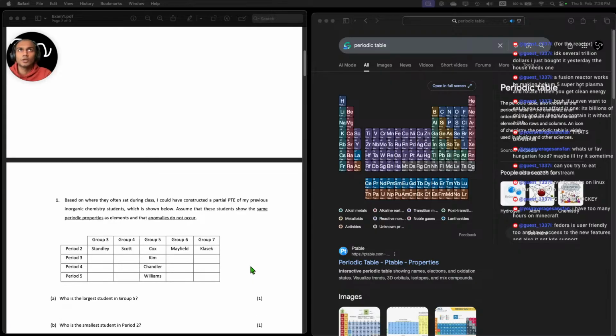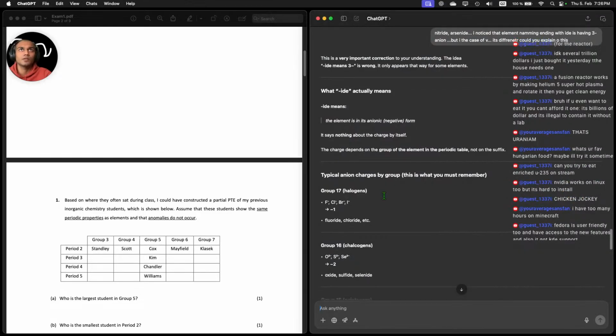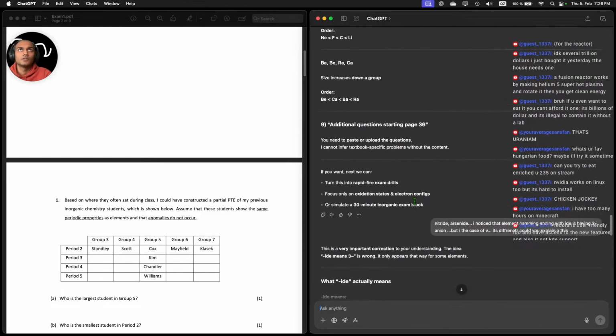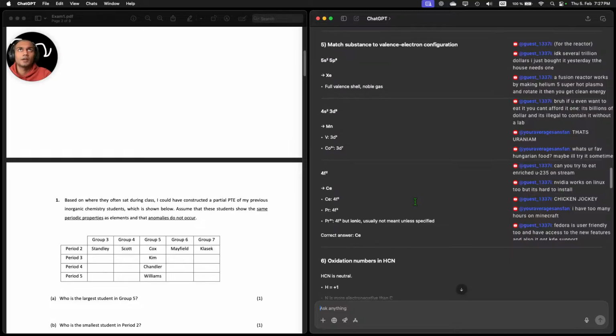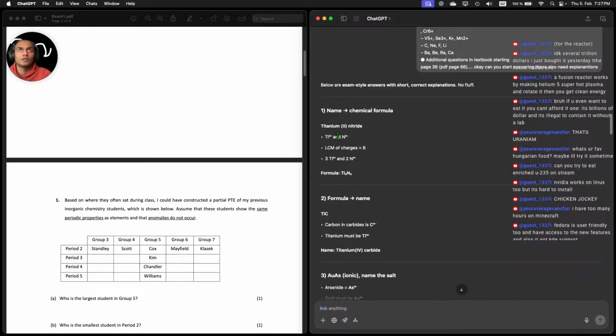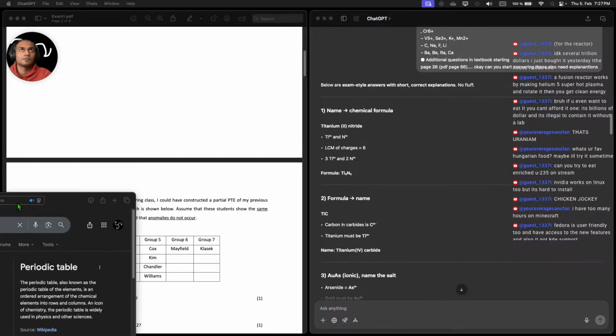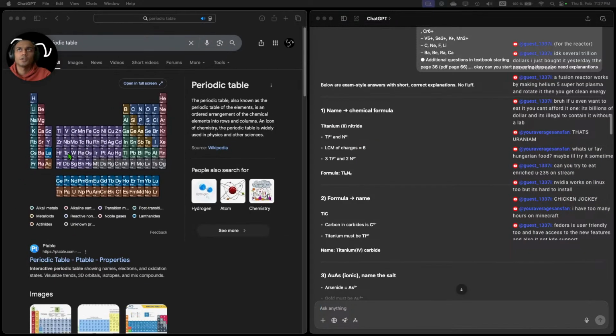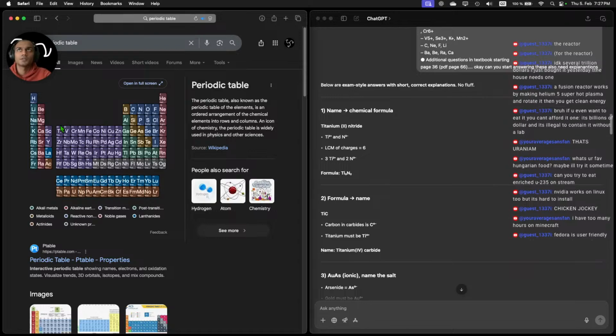So what was I looking at? Yeah, the periodic table. I got it. So if you think about that, I think I could make sense out of it. Titanium. Where's titanium? It's on the fourth group, but this one is 2 plus. Okay.